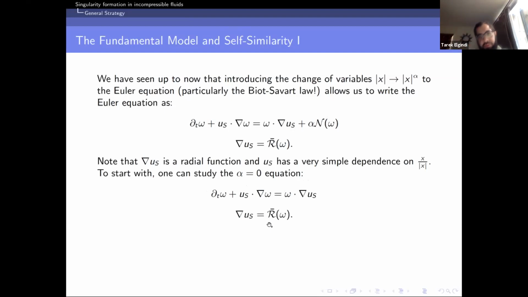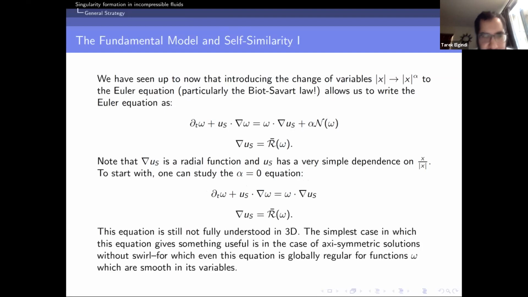I think a lot of interesting dynamics can come from studying this equation. And the simplest case, which is something we recently studied, is the case where you look at this equation in axisymmetry without swirl.